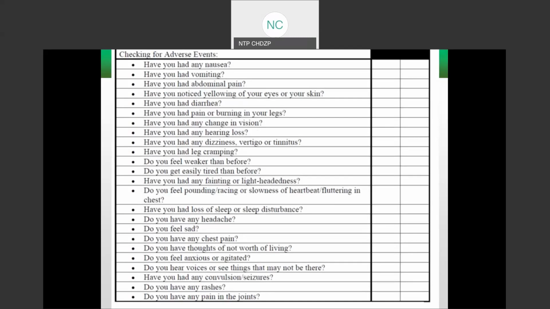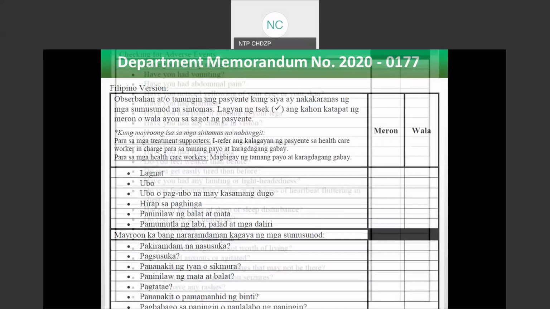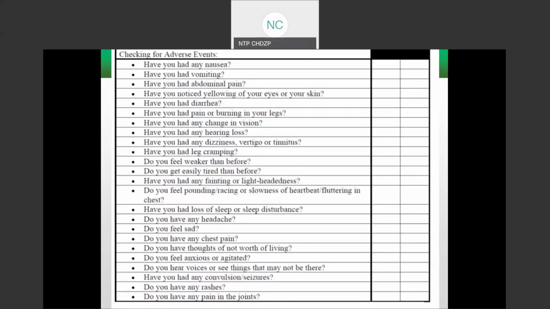Or does the patient feel anxious or agitated? Or does the patient hear any voices or see things that may not be there? So is there hallucination, or does the patient experience any convulsions or seizures, or have any rashes or any joint pain? So these are the questions to be asked by the health workers in assessing for any adverse events.